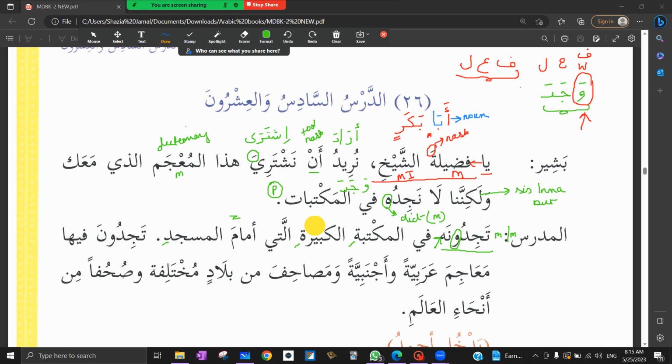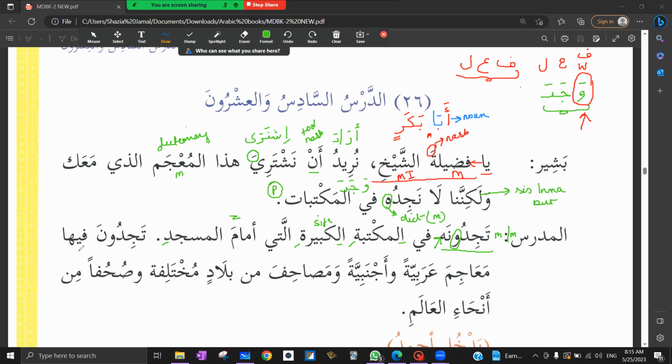This is sifa. How do you know this is sifa? Because it is feminine singular, and there are 4 points for an adjective, since it is a mirror image. So this is the sifa for library. In the big library that is in front of the masjid.